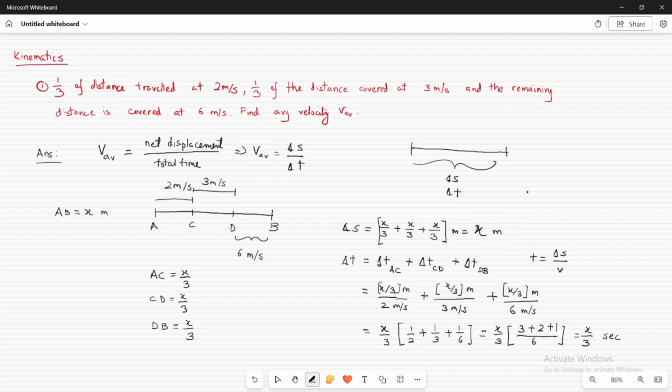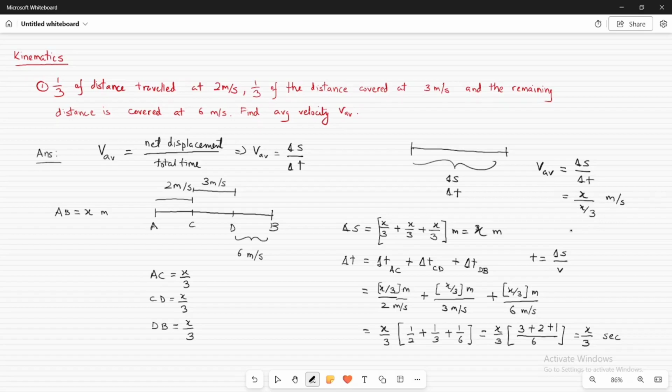Then v average equals del S by del T, equals x by x by 3 meters per second.